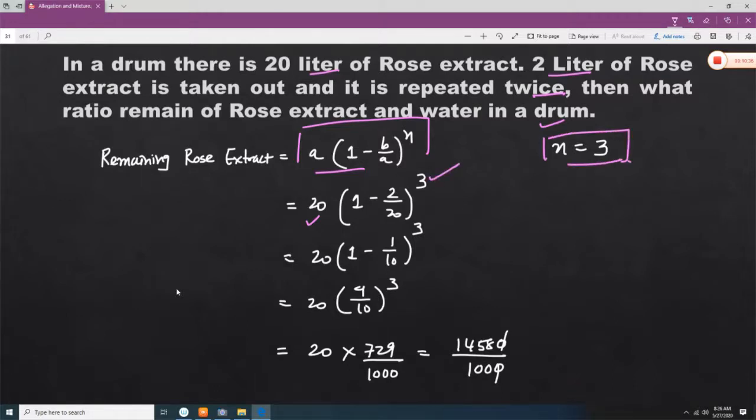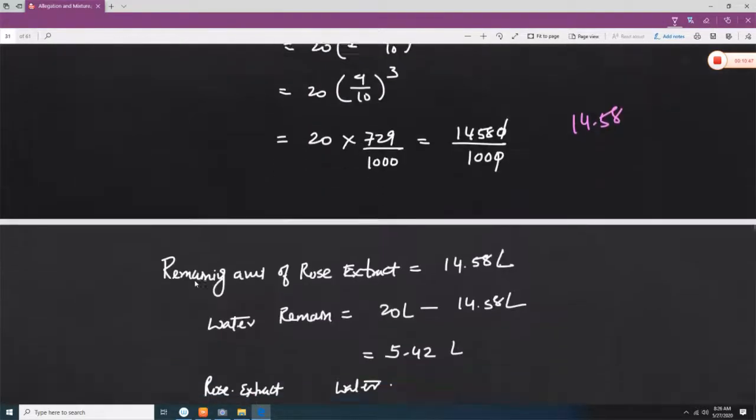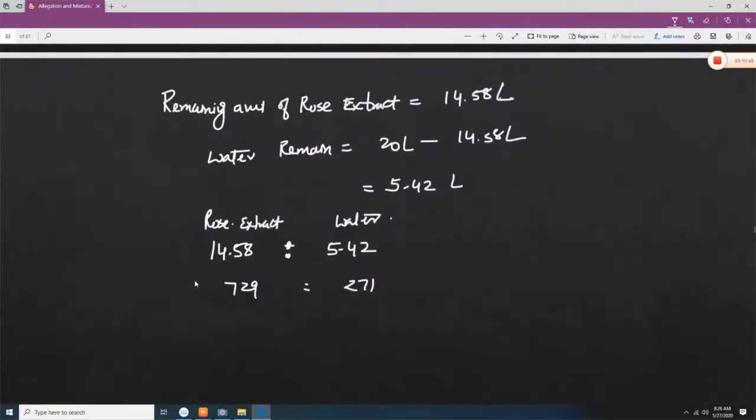So power to 3, and when we simplify, it is going to be 14.58. So the remaining rose extract is 14.58 liters.